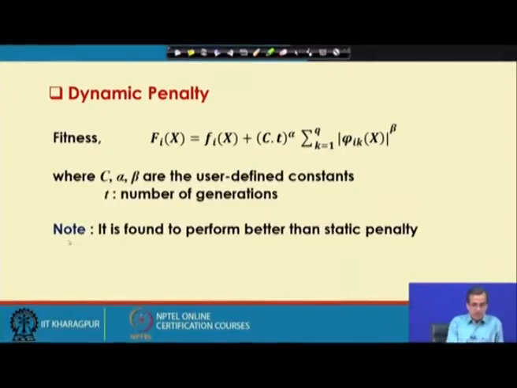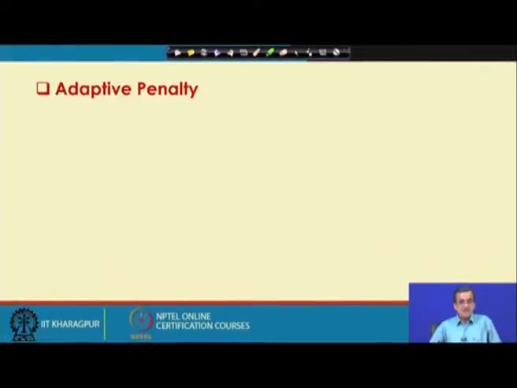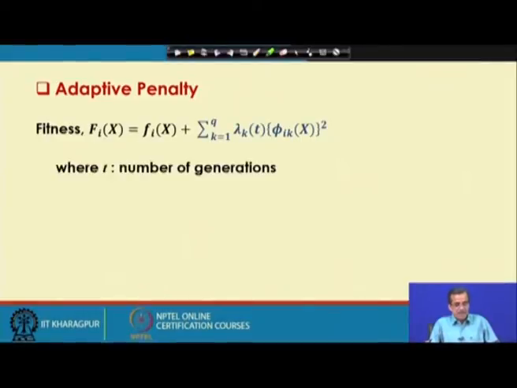Now, here I put one note. This dynamic penalty is found to perform better than the static penalty, as usual. Then comes the concept of adaptive penalty.